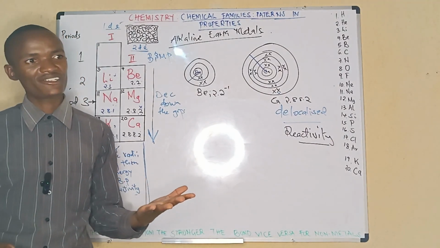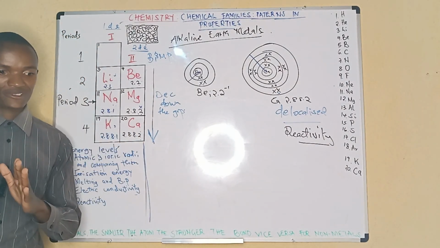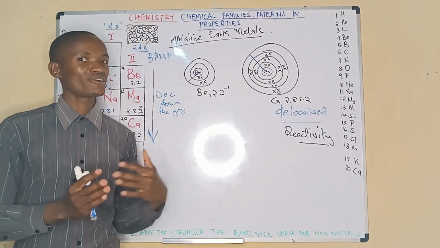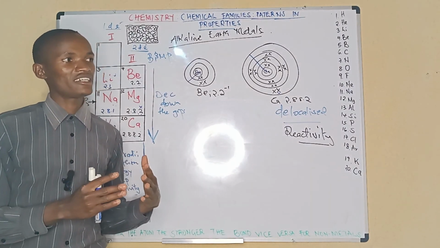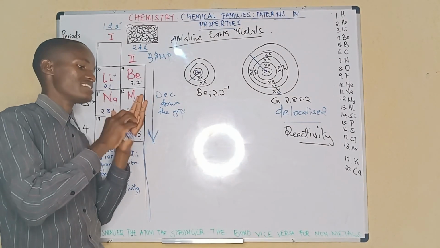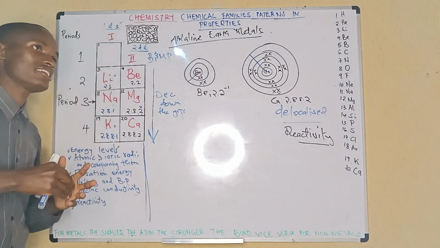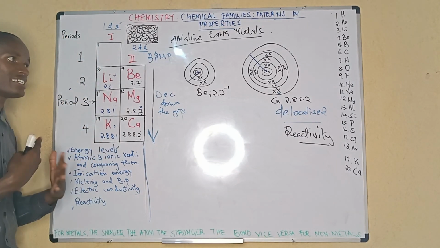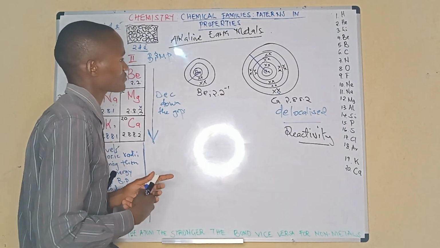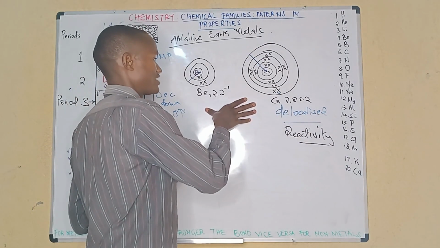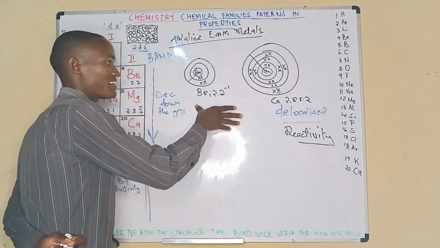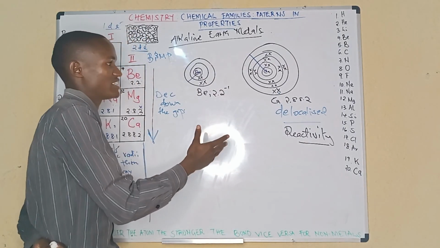Do you lose easily or do you gain easily? It reflects itself in the reactivity. If you lose easily, then you react easily, you react fast. The one that loses easily reacts better.